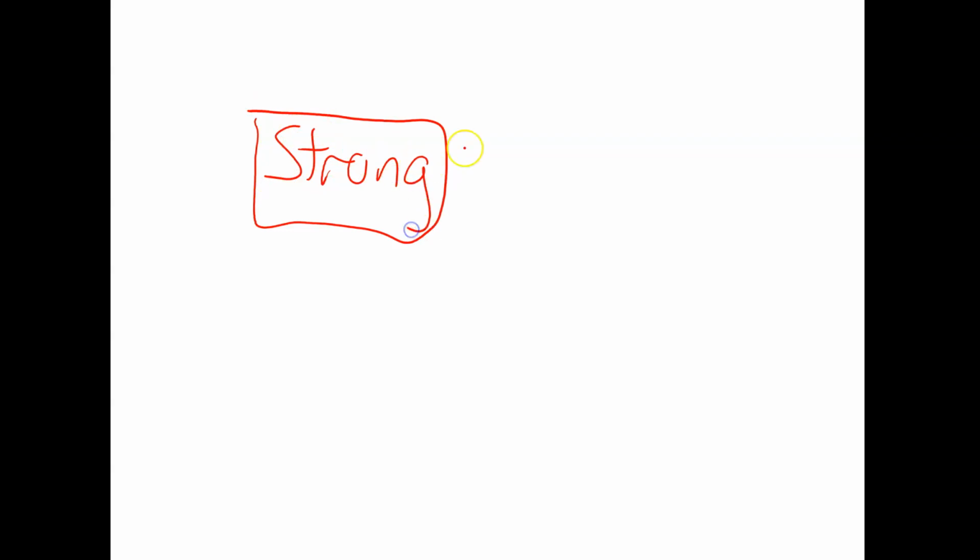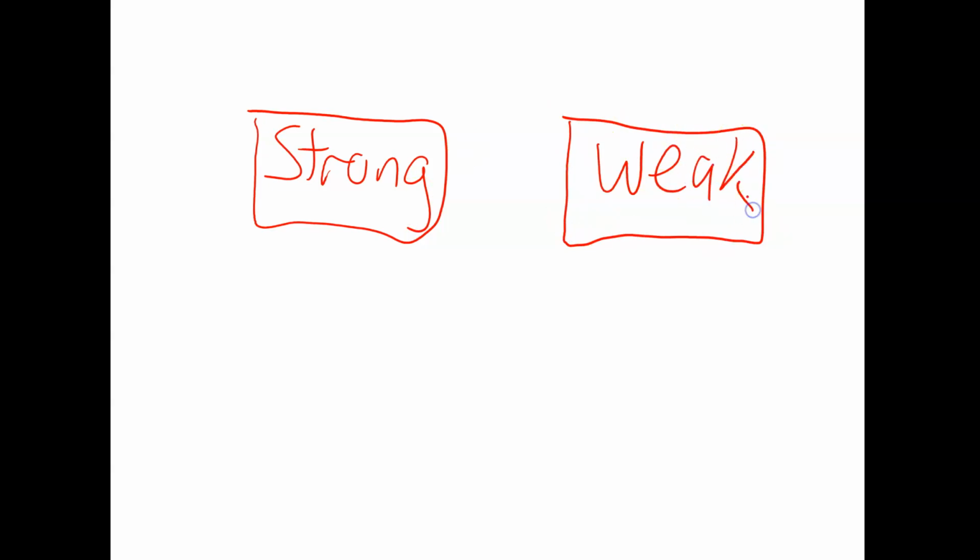So let me just draw this out. You've got two possibilities here, right? It could be strong logically or weak logically. Once you've determined that it's strong, we're going to go through all of this, but I just wanted to put this image in your head.